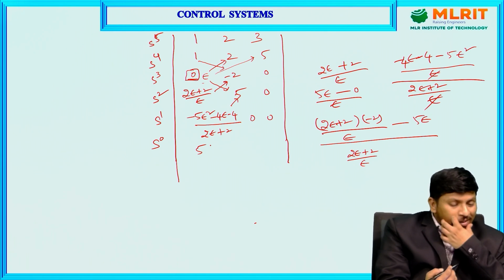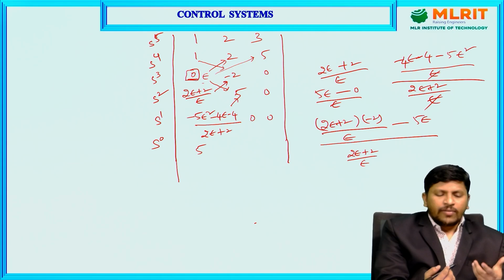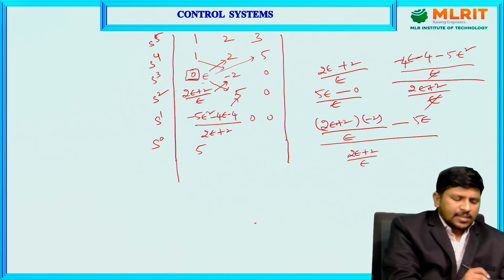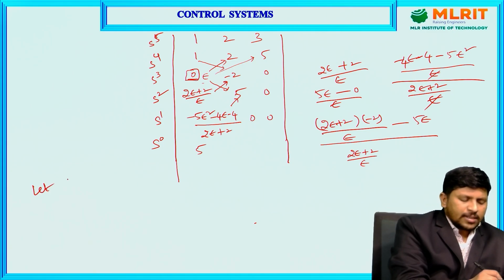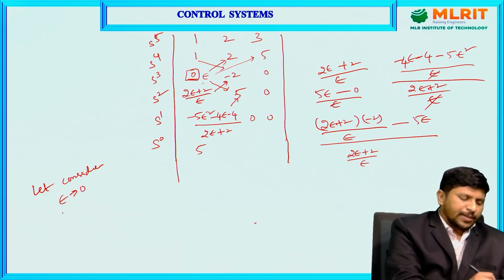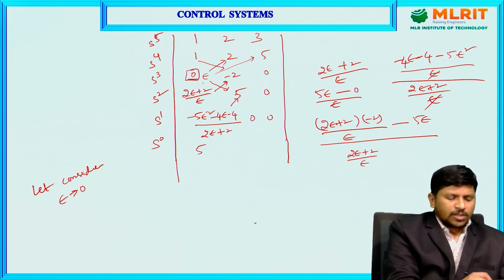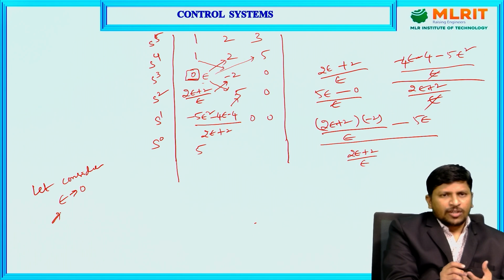But for estimating the stability of the given system, we assume the limit epsilon tends to 0 and substitute 0 in place of epsilon, to determine whether the system is stable or unstable, or how many roots lie on the left or right side of the S-plane.